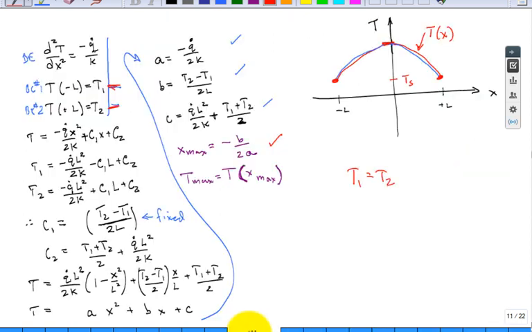If I come back to this quadratic equation, I see that the maximum temperature is at negative B over 2A. For T1 and T2 the same, B is 0, and so this term goes out. The temperature is equal to AX squared plus a constant.